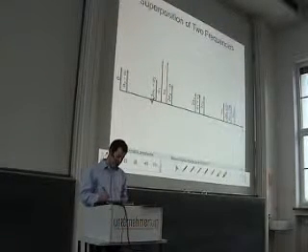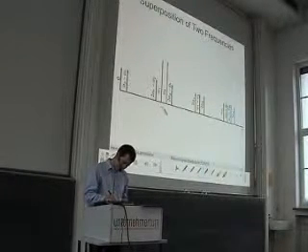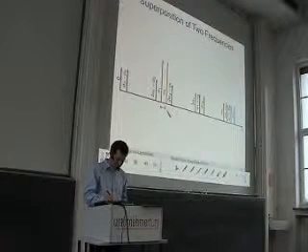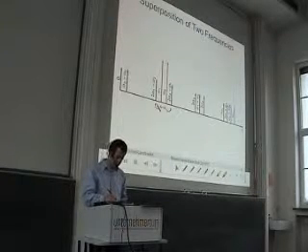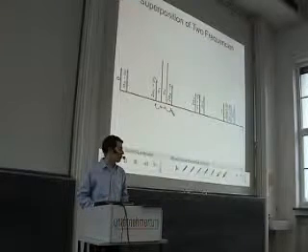And the distance is, if we call this a delta omega, then we go 1 delta omega up and 1 delta omega down, and we have this so-called third order intermodulation product.